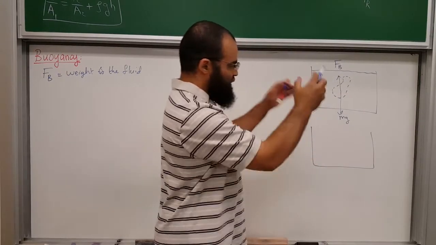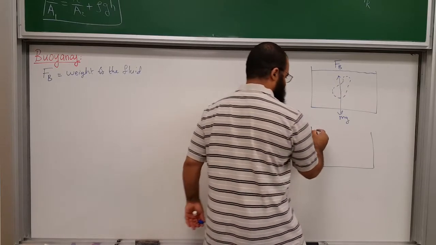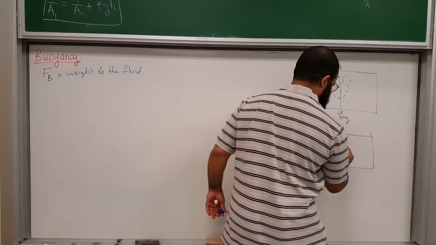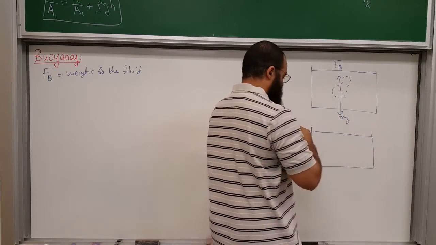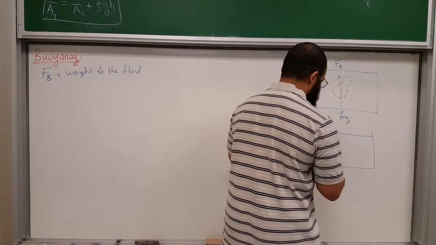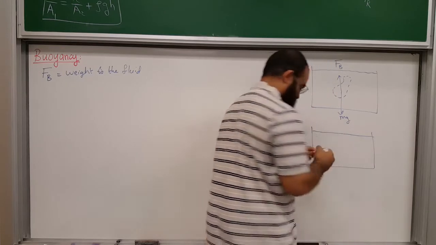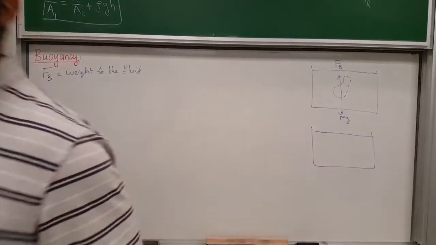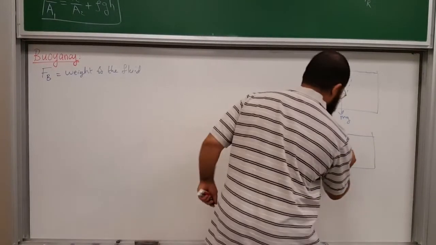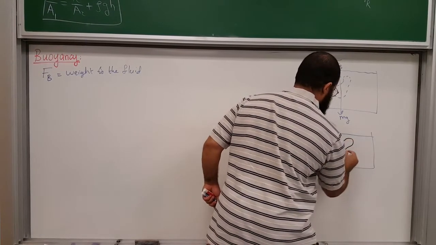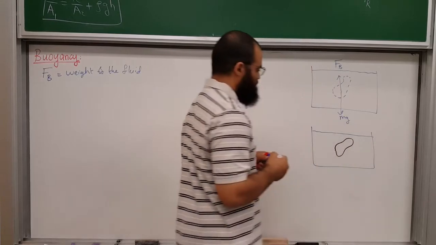I take a potato and just sink it in, or put it inside. So let's say that now it's an actual thing, not just a virtual thing. It's a piece of potato or metal. So let me just put it here. Whatever that shape is.